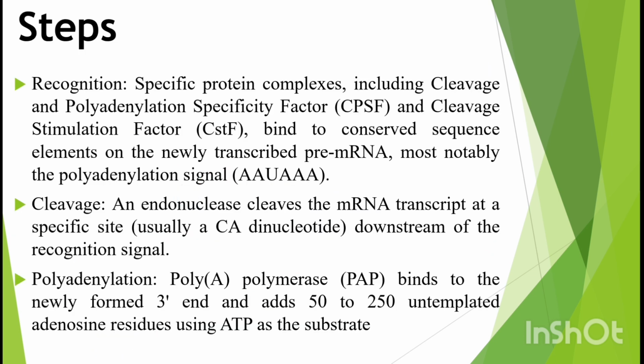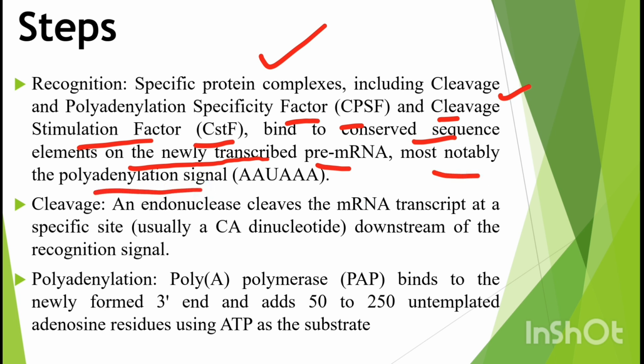Next, what are the steps of polyadenylation? At first, recognition. A specific protein complex including cleavage and polyadenylation specificity factor CPSF and cleavage stimulation factor CstF bind to conserved sequence elements on the newly transcribed pre-mRNA, most notably the polyadenylation signal.